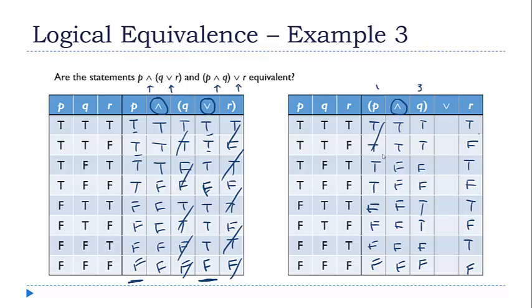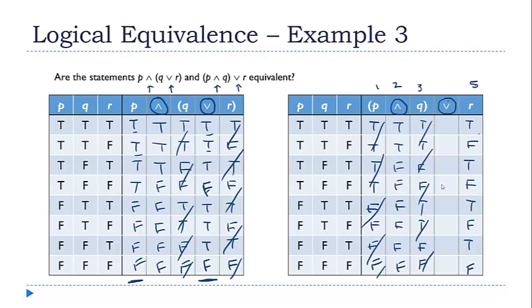Then I'm going to disregard the inputs here, and I'm going to look just at rows 2 and 5 to get the values for this or. And remember again, or is false when both of the inputs are false.